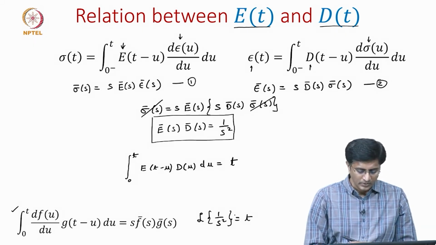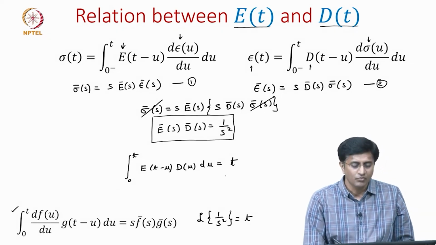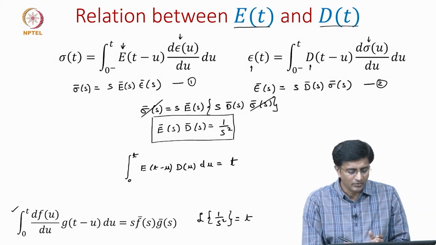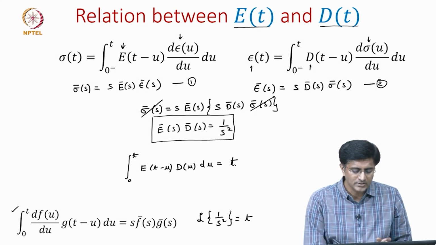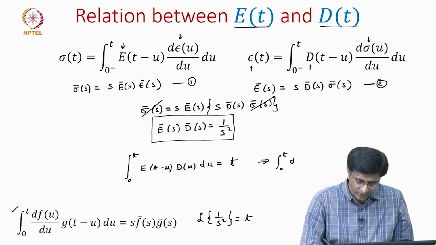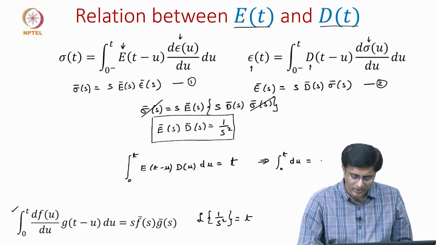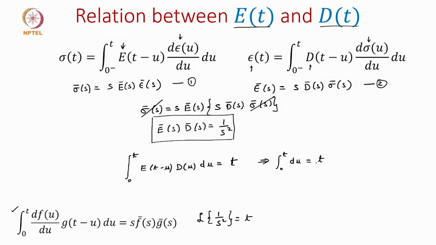Okay. So, what this integral equation means is, when do we get an integral value going from 0 to t as t? This happens when we are talking about the integral of simply du. If we are talking about the integral from 0 to t of simply du, then we get t.